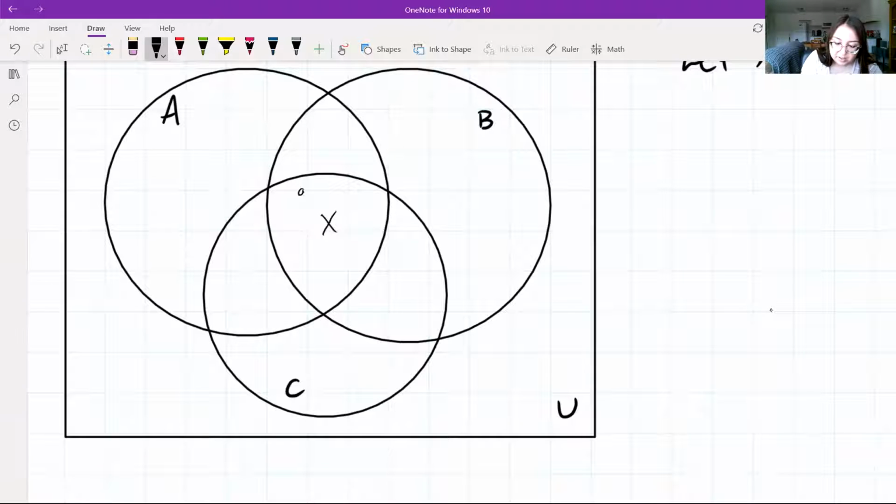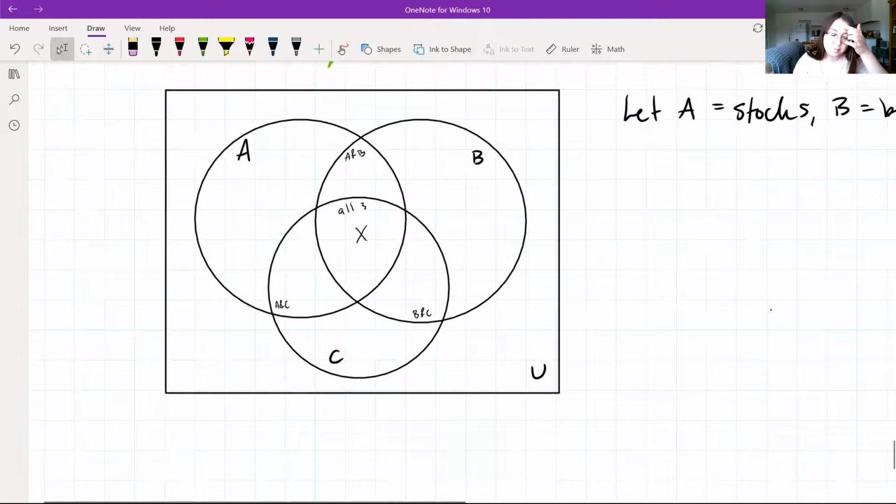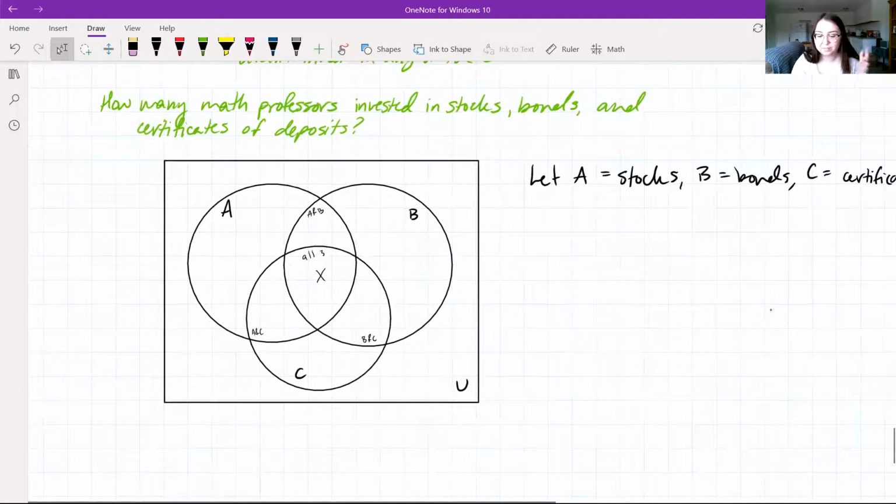And we can label our other regions here, so we know this is all 3. This is stocks and bonds. This is stocks and certificates of deposit. And this is bonds and certificates of deposit. All right.